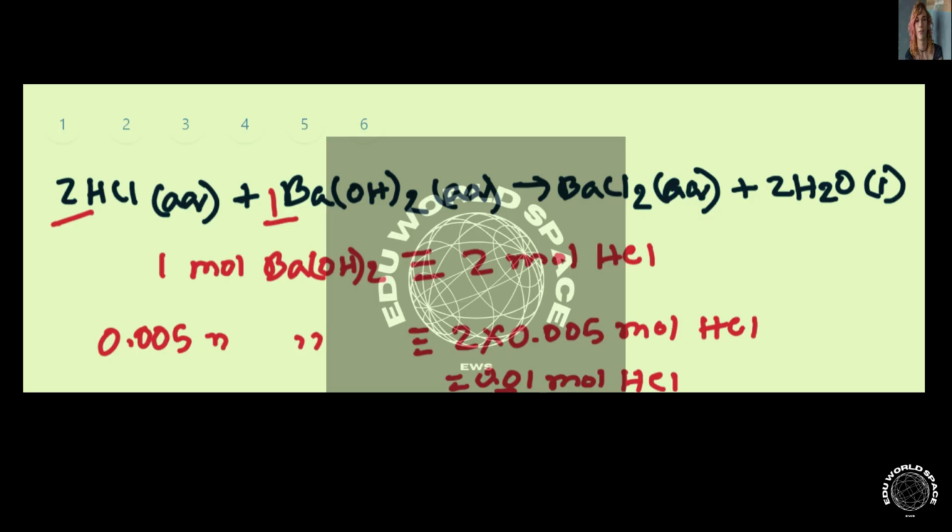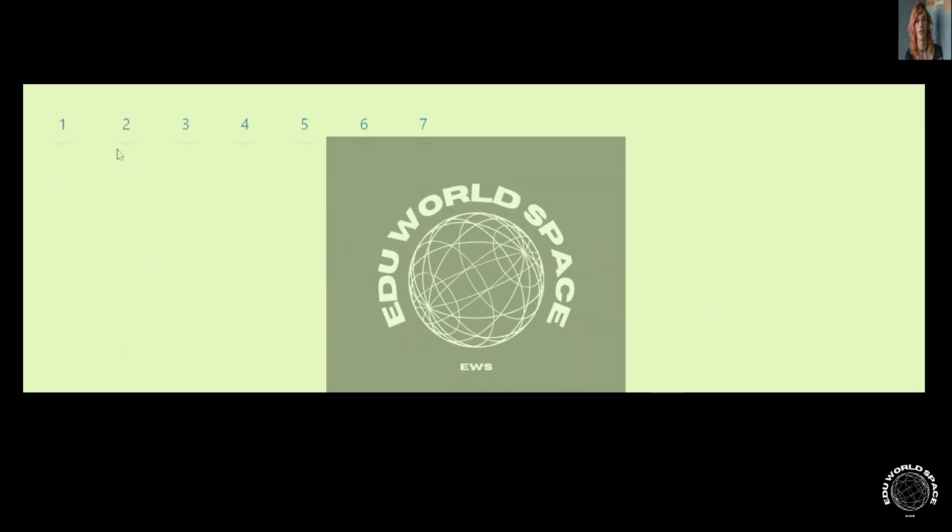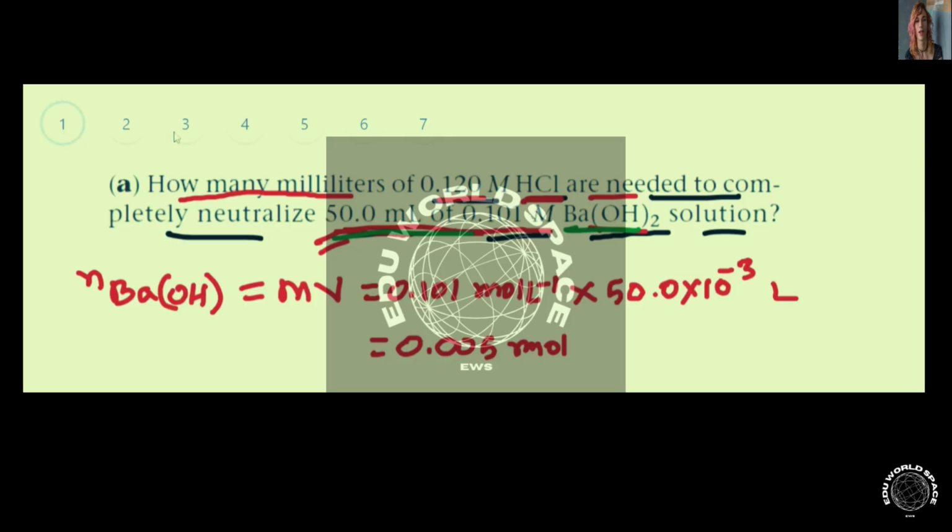So from here we can find the volume of HCl needed using the molarity. So the volume of HCl needed will be number of moles of HCl over its molarity. So we know that we just calculated the number of moles as 0.01 mole, and the molarity is given as 0.120 molar.